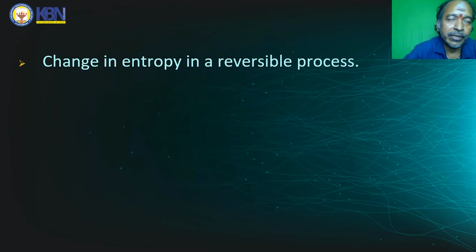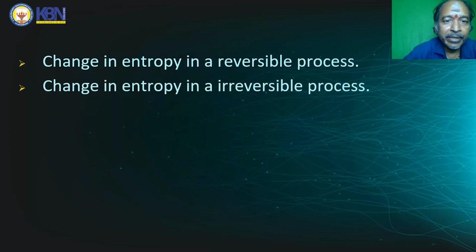That means work done by the system or work done on the system. Heat absorbed in direct process, heat rejected in opposite, and ice converts into liquid, and in reverse liquid again converts into ice like this. It is the reversible process. So in the reversible process the entropy remains constant. That means the change in entropy is zero.